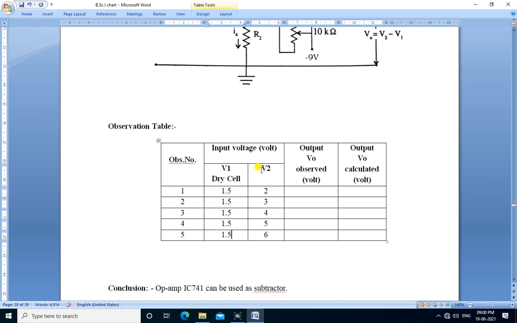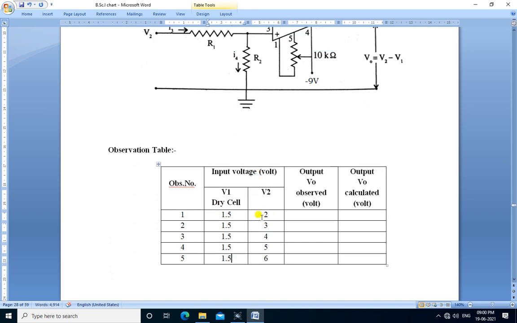We change the voltage of V2 from 2 to 6, so total 5 observations. The output observed is noted here and the calculated output we note down here.